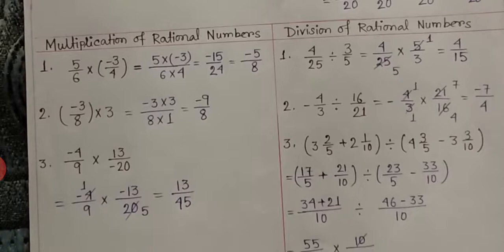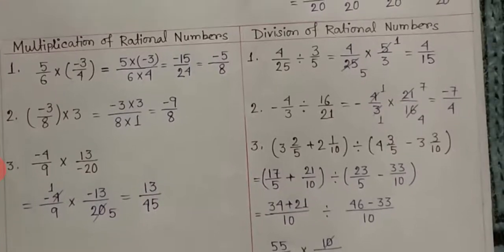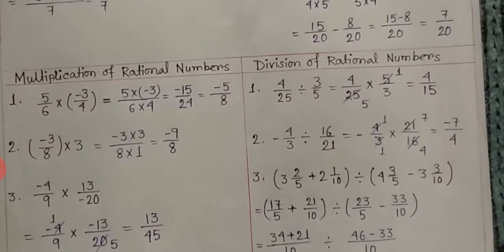Now coming to division. See the first example, 4 by 25 divided by 3 by 5. As the similar process of fraction, here the second line is 4 by 25 into 5 by 3, and the final answer is 4 by 15.